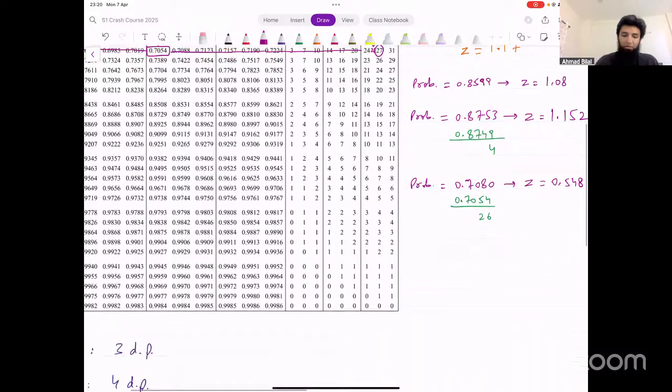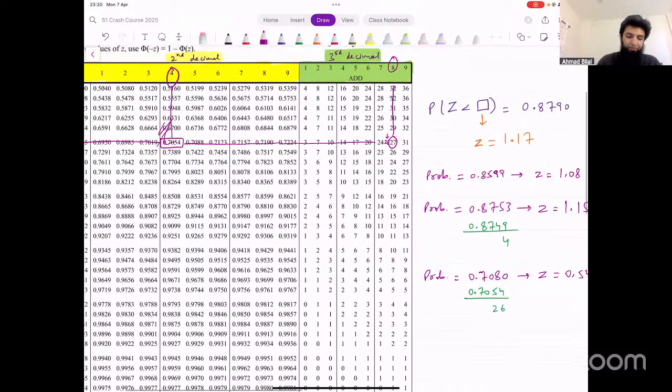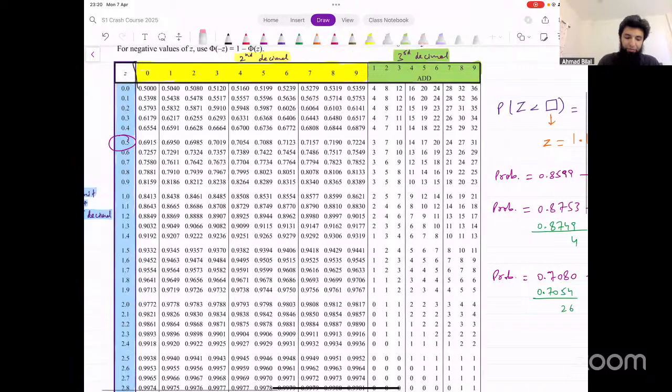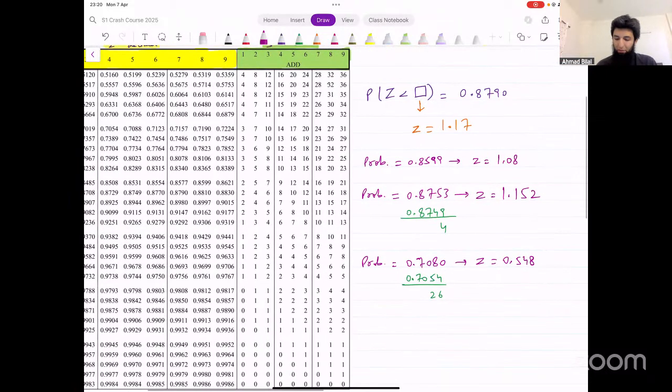Okay, similarly, let's take another example. What if the probability was 0.5892? What about this now? 0.5892.